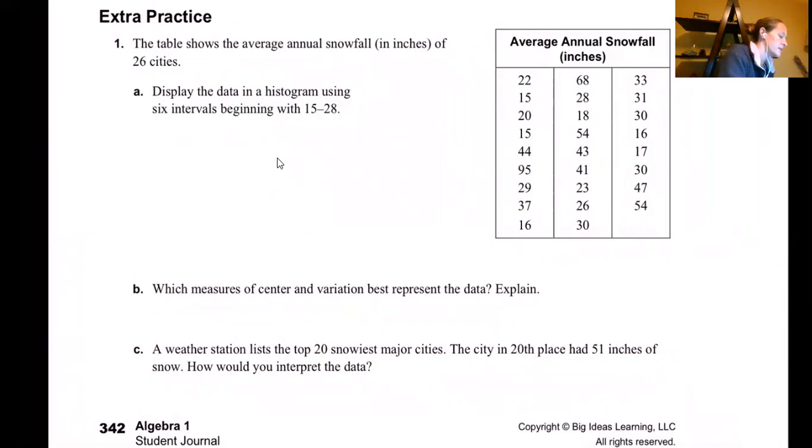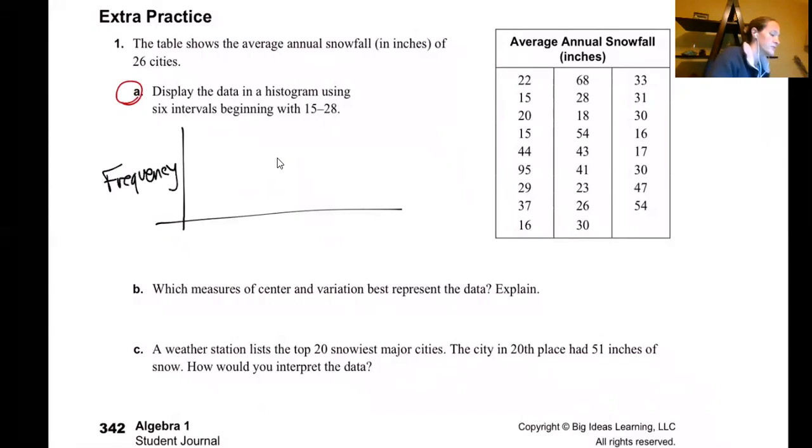So the very first part says to display a histogram beginning with 15 to 28. Oh, it says 6 intervals, 15 to 28. Well, when we were looking at all the ones up above, we had a Y and an X, a vertical and a horizontal. If it's a histogram, then I know that this has to be frequency, just because that's how histograms always work.